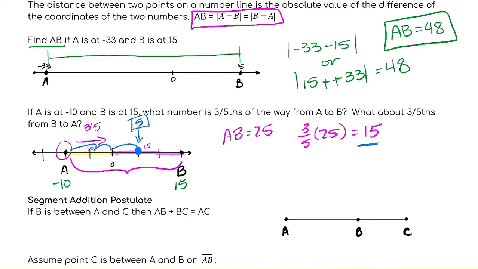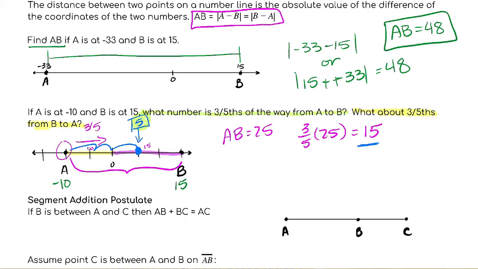So make sure you are completing the question by going back to the number line and going the distance they wanted you to go. Also, double check that you go from the correct point. So this question, I was just rereading it. I noticed that there's actually two questions. So the first part says, what number is 3/5 of the way from A to B? That's 5. The second part says, what about 3/5 from B to A?